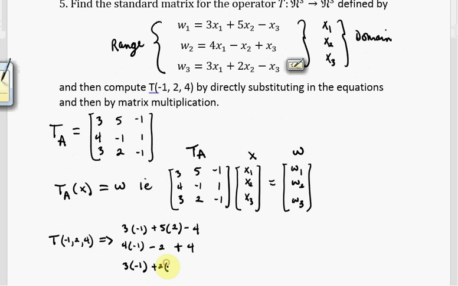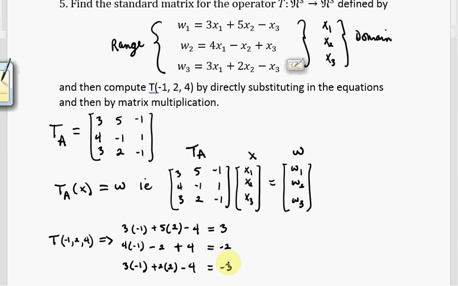So here we have negative 3 and 10, which gives us 7 minus 4. We have negative 4 plus 4 is 0, so we have left just the negative 2. Here we have the negative 3 and plus 4 minus 4, is negative 3.